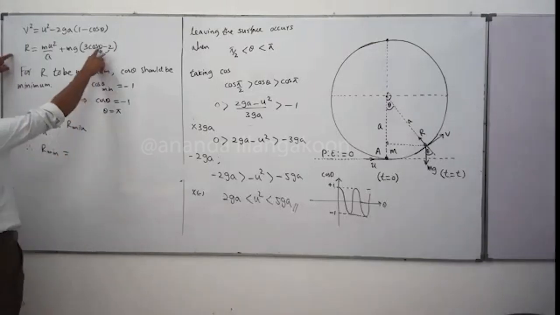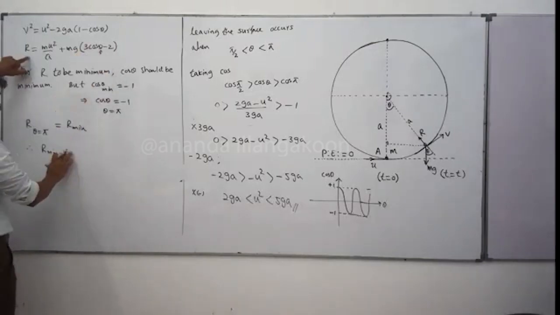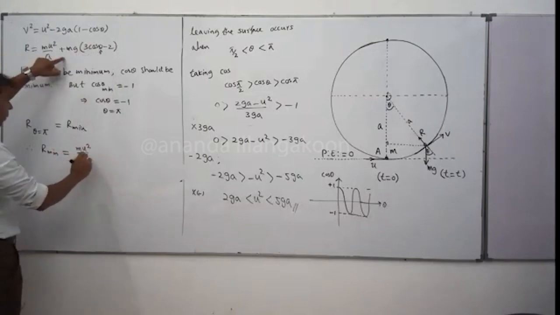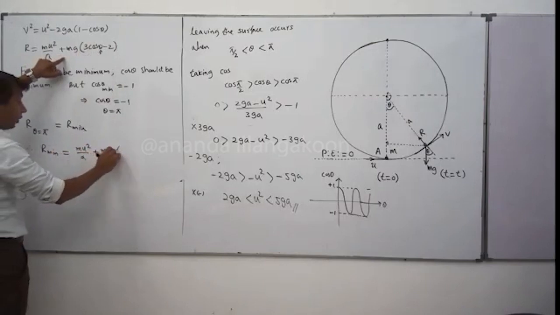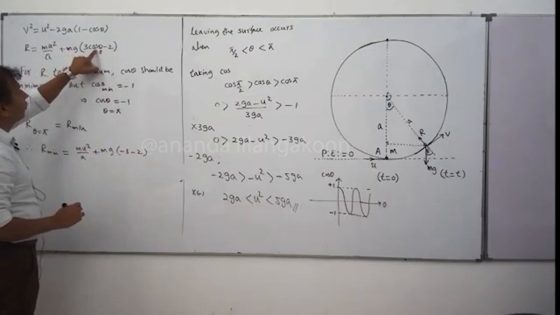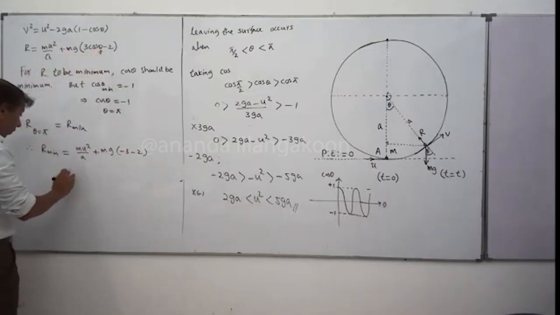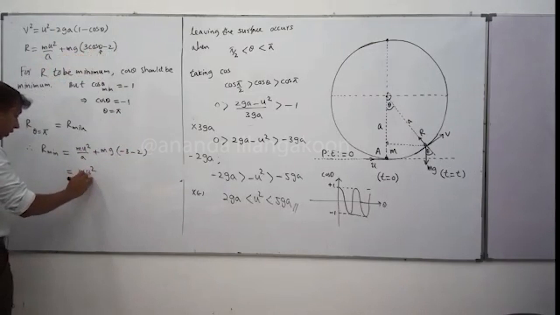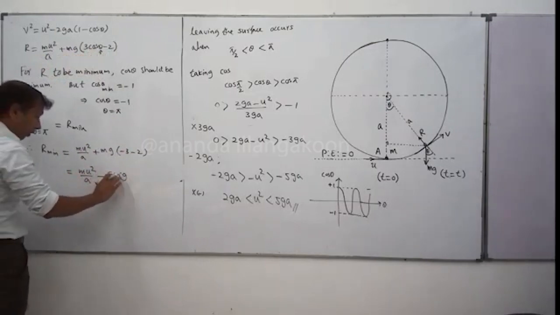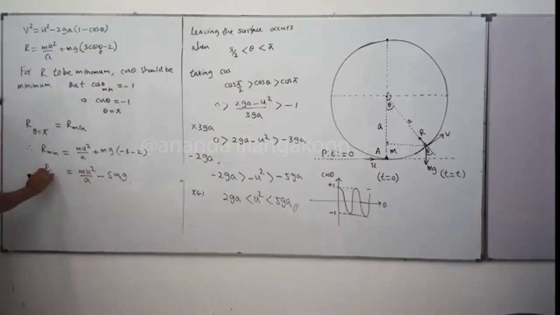Put cos theta equals -1 here: mu squared divided by a plus mg times (-3)(-1). So R minimum is mu squared upon a minus 5mg. That means at theta equals pi, the R value is this. That is the R minimum we found.